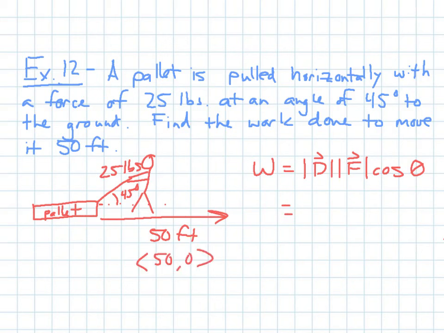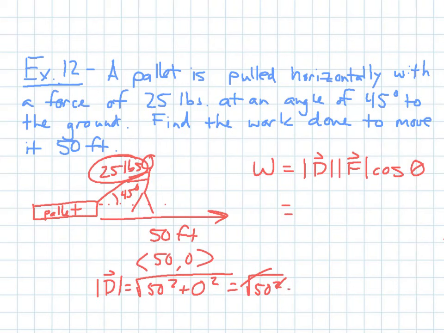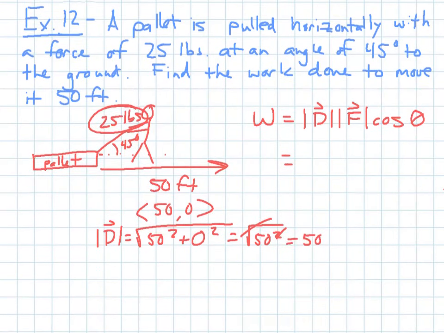And then you don't really have the force vector, but you have the magnitude of the force vector, which is 25 pounds. The magnitude of the direction vector is pretty easy as well, because 50 squared plus 0 squared is just going to be 50 squared, which they cancel out to give you 50. Okay? So, you have those two values.